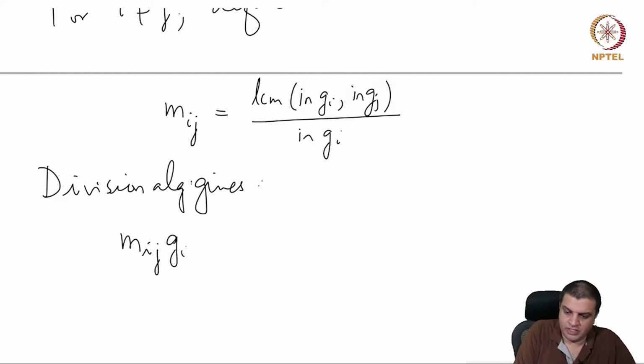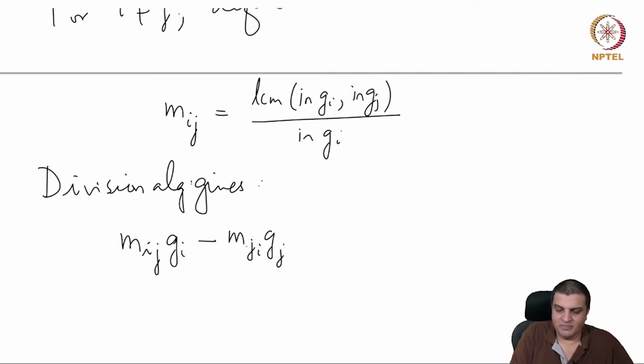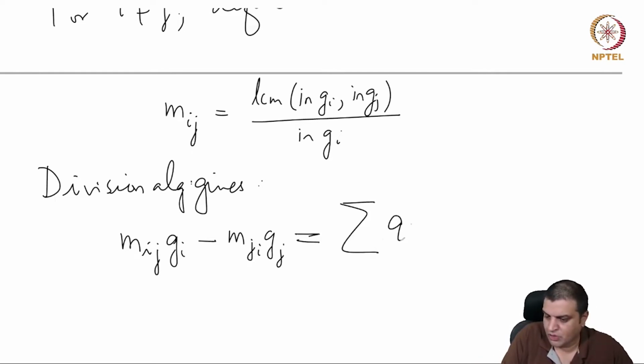Mij Gi minus Mji Gj. So this is the S-polynomial, the analog of the S-polynomial in the ideal case. This is of the form some sum of q_u, which of course depends on i and j, times Gu.